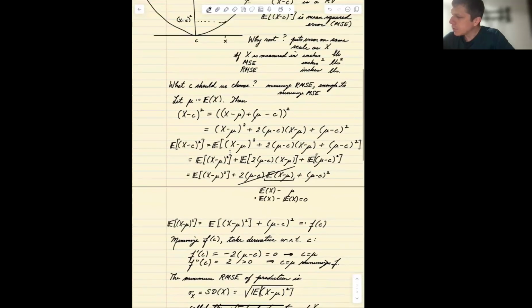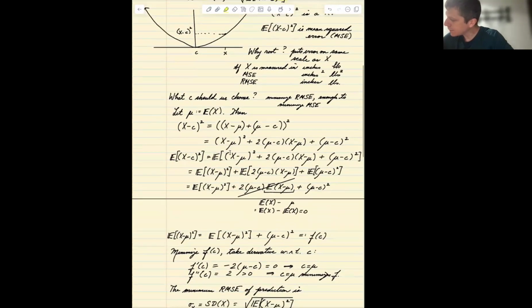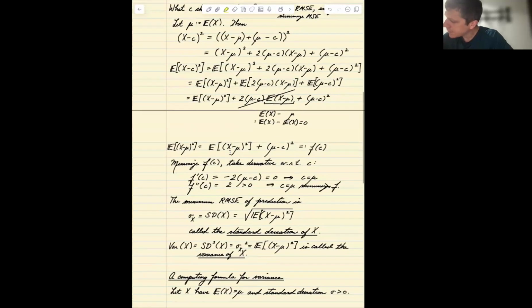Remember up here, we decomposed the expectation of x squared. Sorry, my apologies, there was a typo here. There should have been C. We have this decomposition.